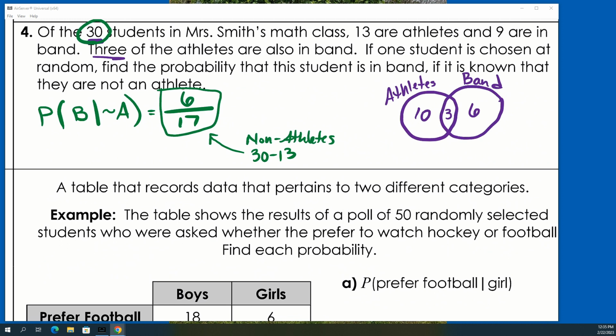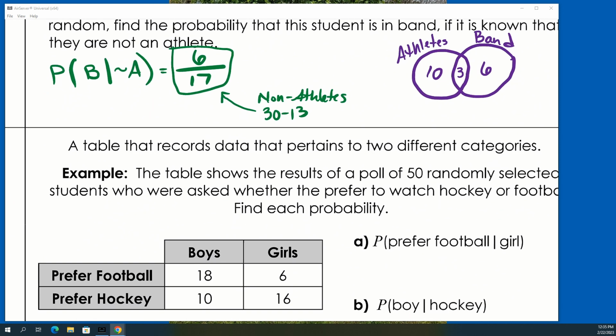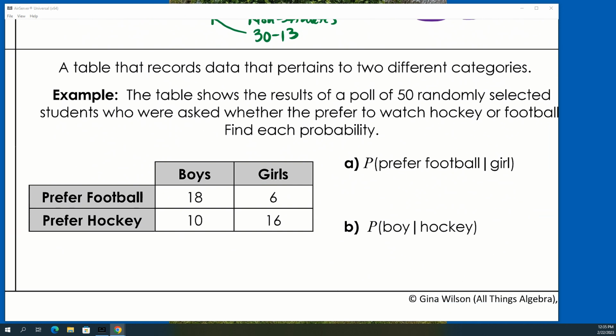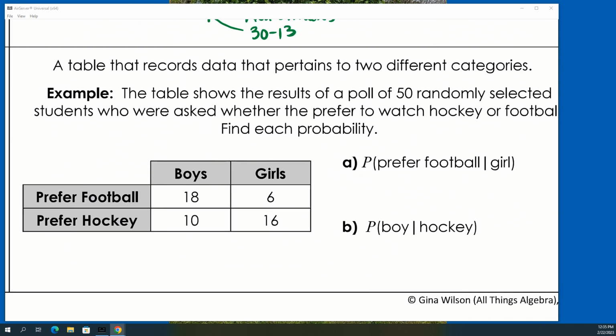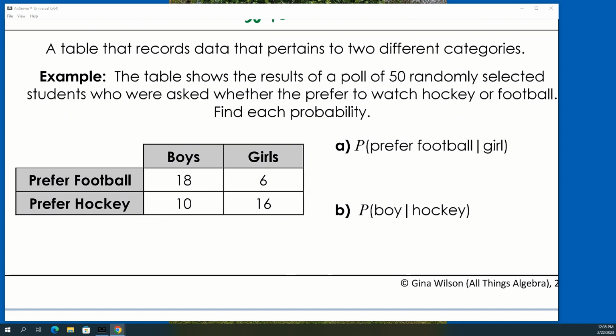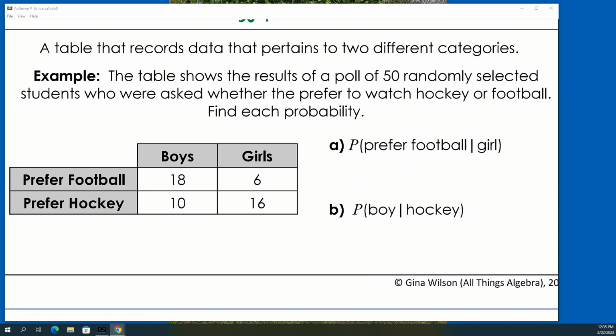All right, the next few examples use these two-way tables, which are really kind of nice to do conditional probability. So a two-way table is a table that records data that pertains to 2 different categories. So on this example, the table shows the results of a poll of 50 randomly selected students who are asked whether they prefer to watch hockey or football.